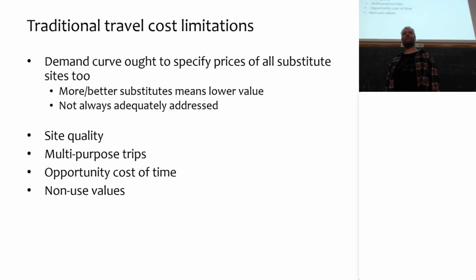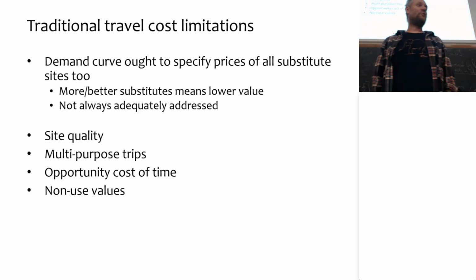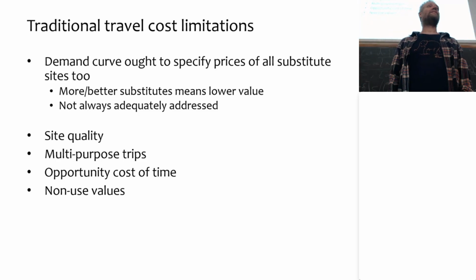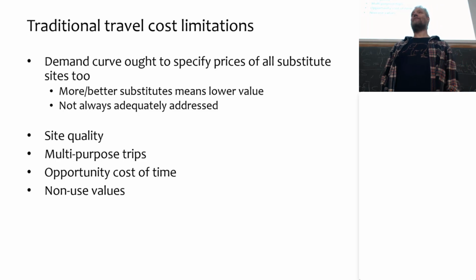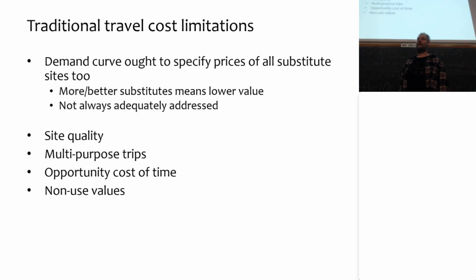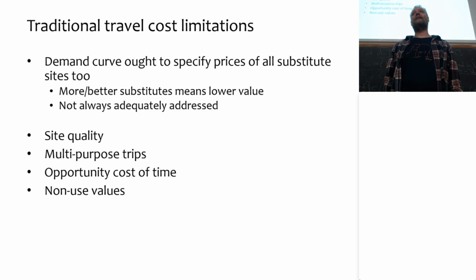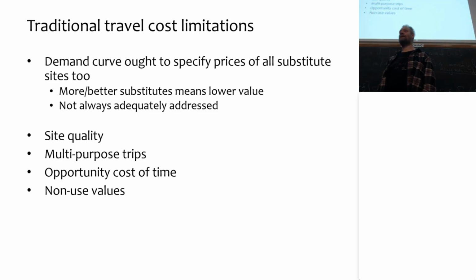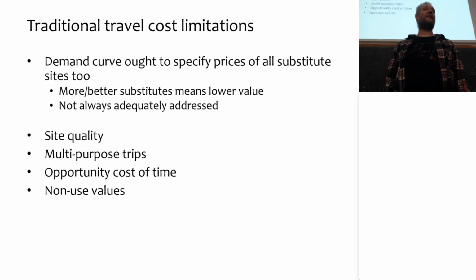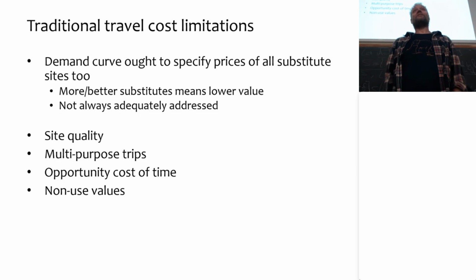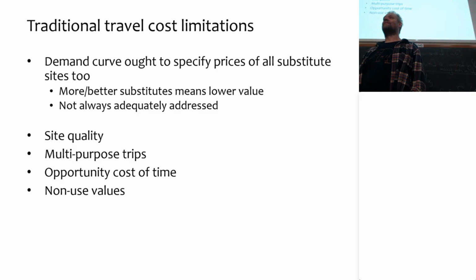I talked about the Australian on Brighton Beach who did not come to the UK to visit Brighton Beach, right? But came there for a different purpose, so you should be careful in attributing the travel cost. But also, if you were to go to see the Great Barrier Reef, and you fly all the way to Australia, you would be quite mad to just go to the Great Barrier Reef, right? You would also want to see Canberra and Sydney and Adelaide and those places, because they're actually great places to visit too.